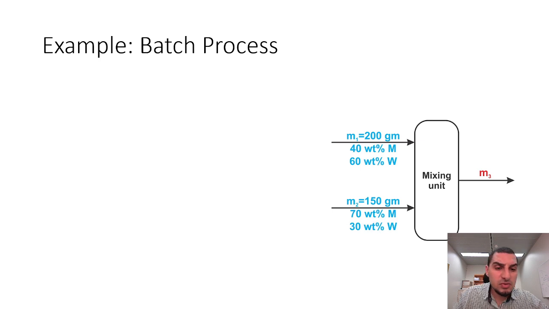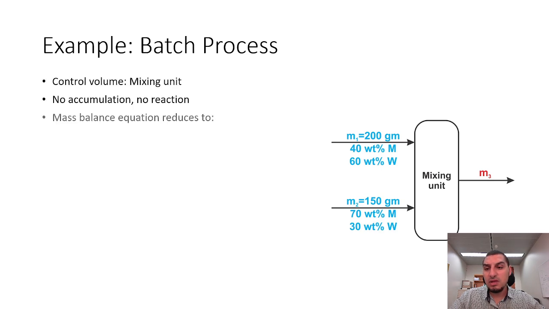So again, in this process, we have feed in, we have product, we have no reaction, it's just a mixing unit, and we have no separation and no accumulation. So the equation reduces to input equals output, or input minus output equals 0, and we can apply it to methanol and water.